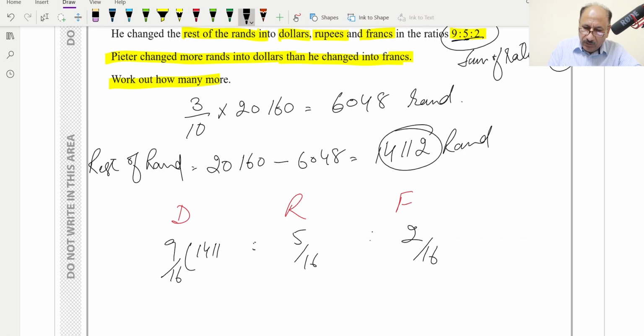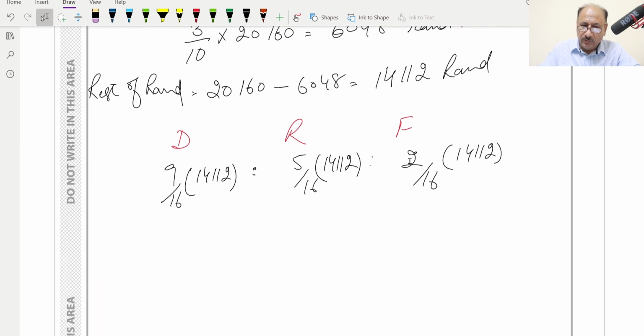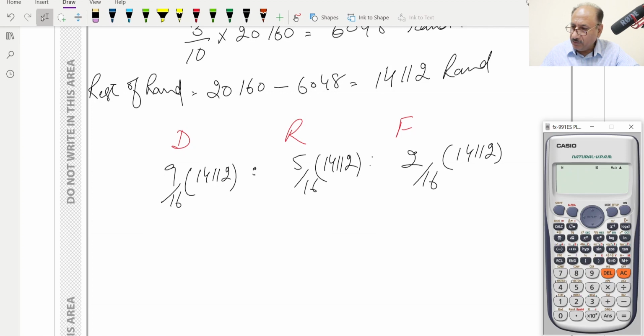We multiply 14112 by the portion for each category. For dollars this will be 9 over 16 multiplied by 14112, and this is equal to 7938.